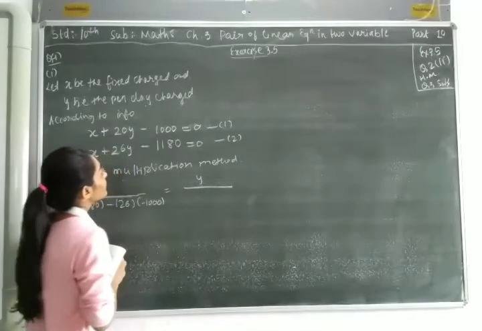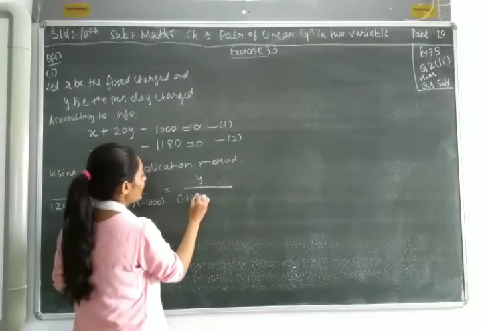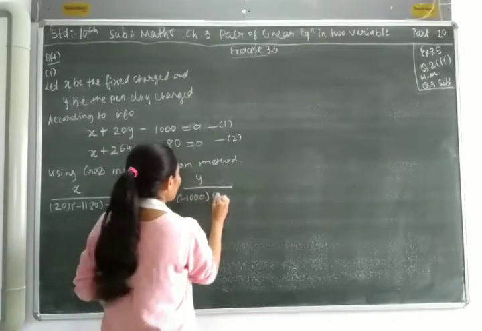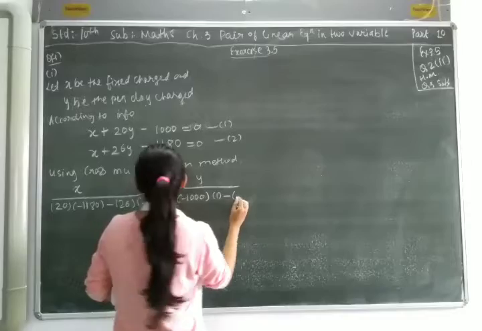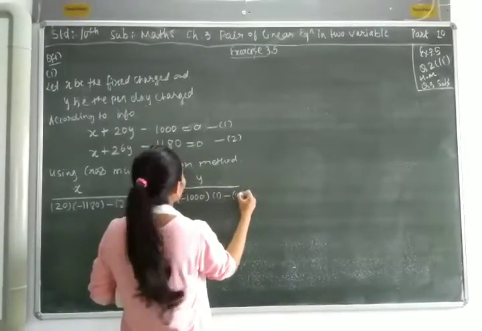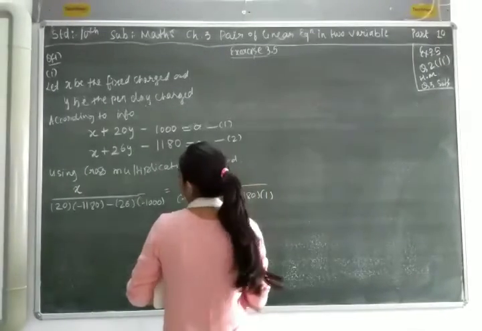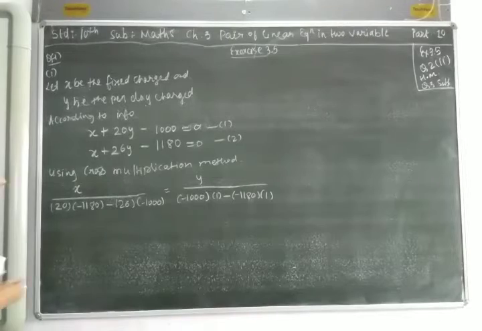Now y. See, it ends with 1000, so I am writing minus 1000 into 1, then minus 1180 plus 1.